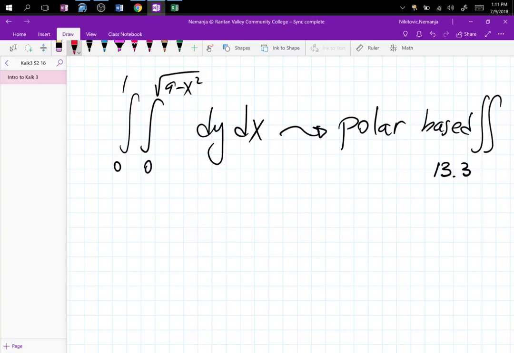Now, those of you that worry about things that you should worry about, which are dimensions, please note that this is a two-dimensional formula because it's calculating area. Area is 2D. You have both of your dimensions here.